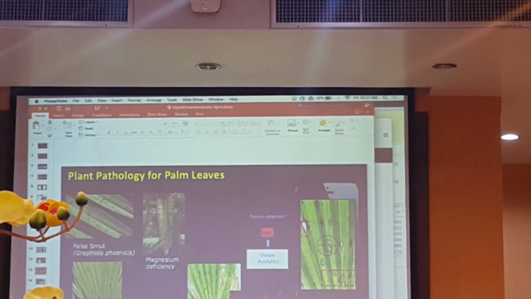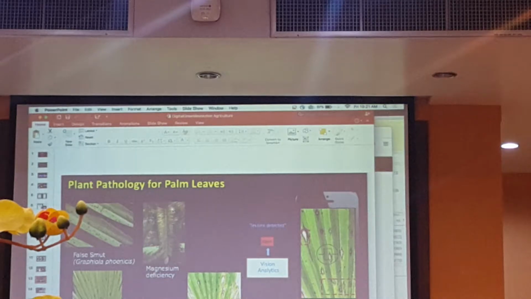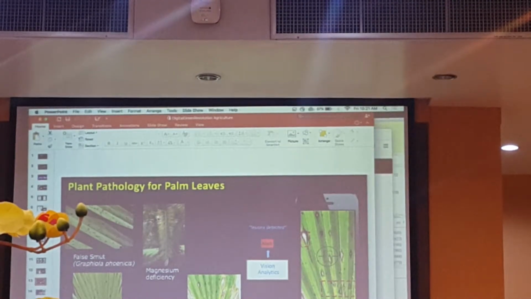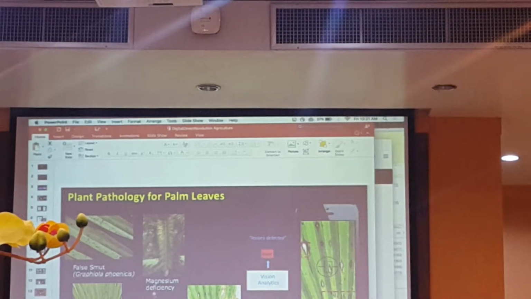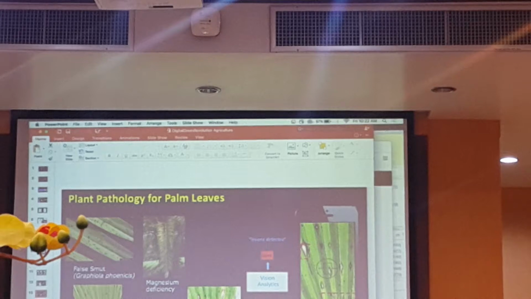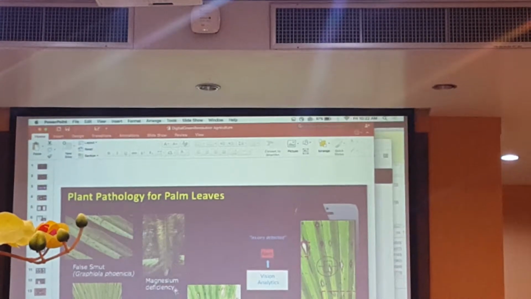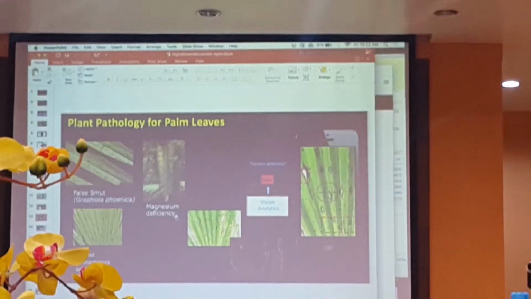So, for example, in this case, the leaves are turning a little yellow. This is oil palm, and immediately you can analyze that there is a deficiency of magnesium. So I only need to then put magnesium on my crop, not anything else.